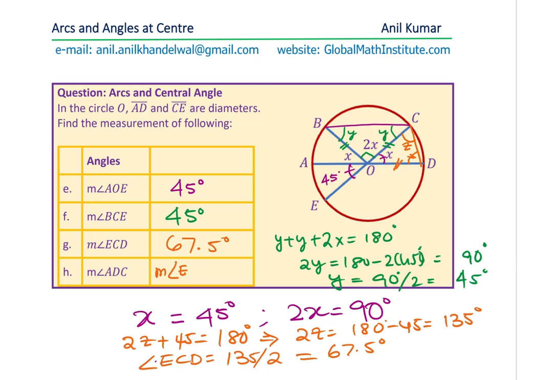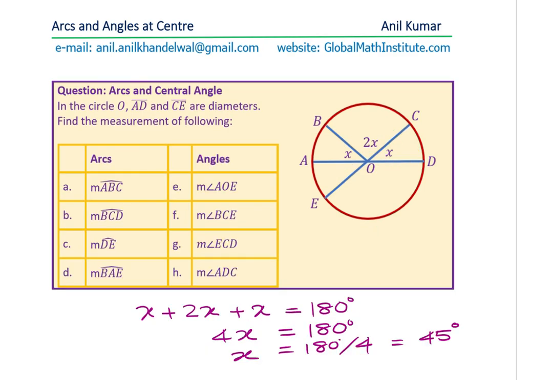Let me write down, which is again 67.5 degrees. Is that clear to you? So, in this particular exercise, we learn how the arcs and the central angle are related. Perfect. So, let's get back to our set of questions.